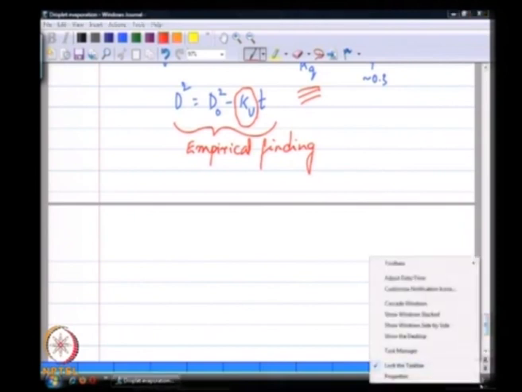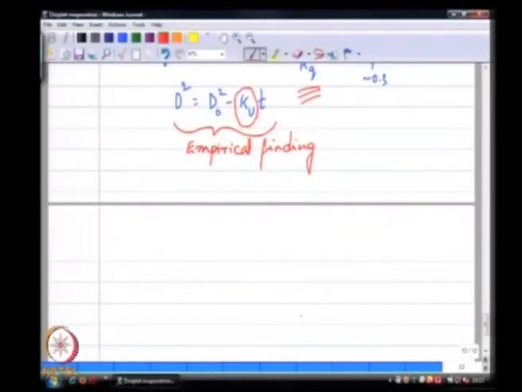It has been validated in many different instances that the square of the diameter decreases linearly with time even in cases where you do have an advection.